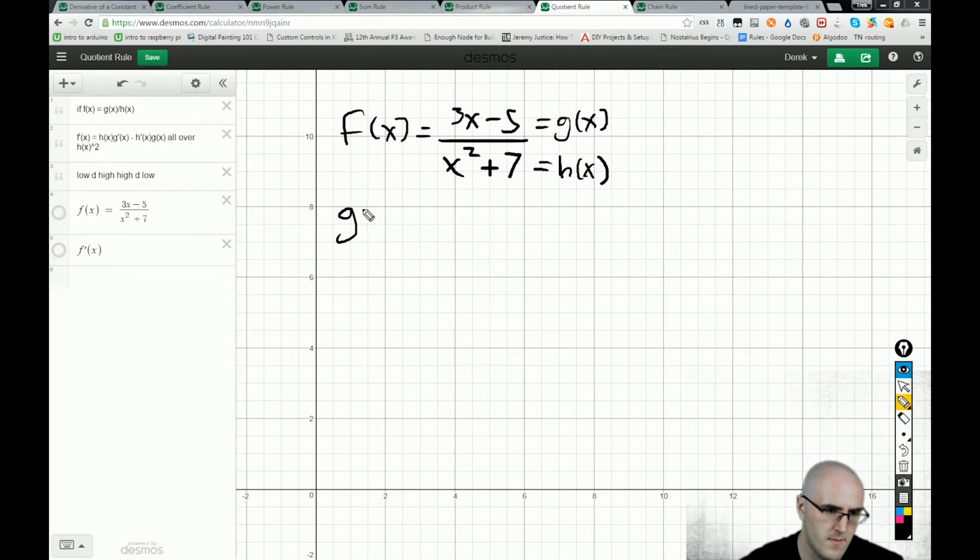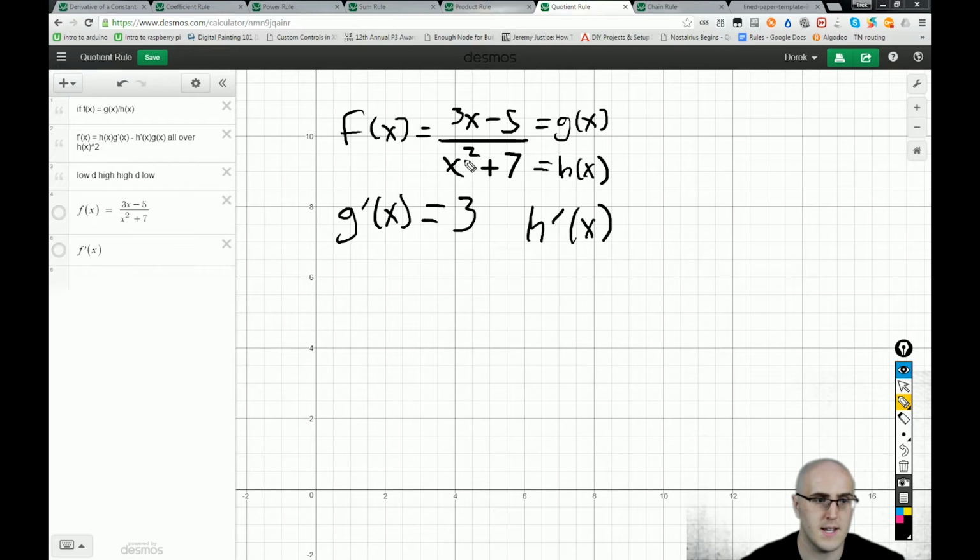So our g prime of x is equal to the derivative of 3x. We did that one earlier. That's just 3. And the derivative of 5 is 0. We're using the sum rule here to determine the derivative of the whole. So it's just 3. And our h prime of x. Alright, so this is, again, the sum rule. So we have a 2x right there. So we bring down the 2 and we subtract 1 from the power. And the derivative of 7 is 0. So we just have 2x.